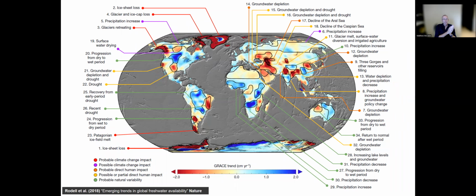Now, mapping global changes to freshwater availability has really been enabled over the last several decades by some dramatic advances in Earth observation, some of which I'm going to talk about in the coming slides, and one particular technology in particular. This slide provides an overview of both climate and anthropogenic impacts on freshwater availability, which is obviously a central variable for water security.